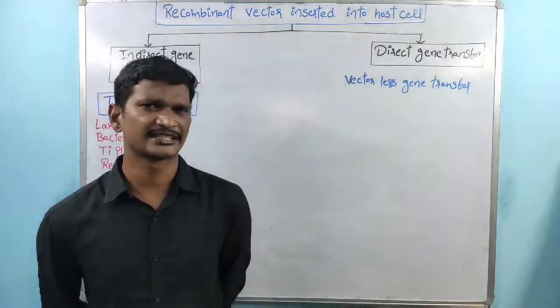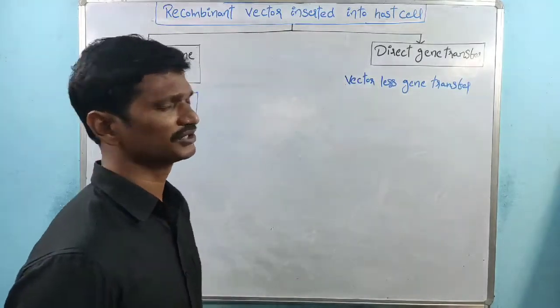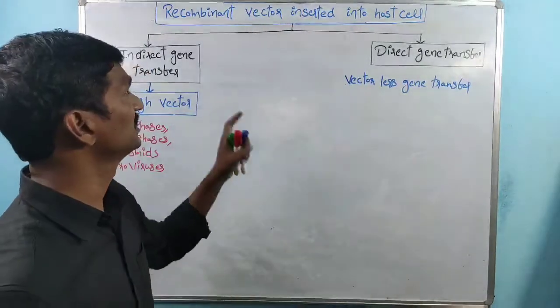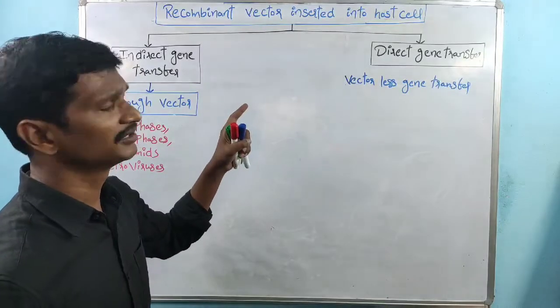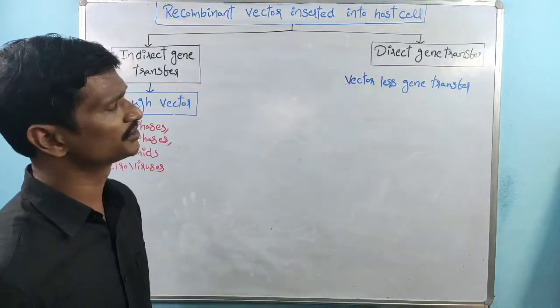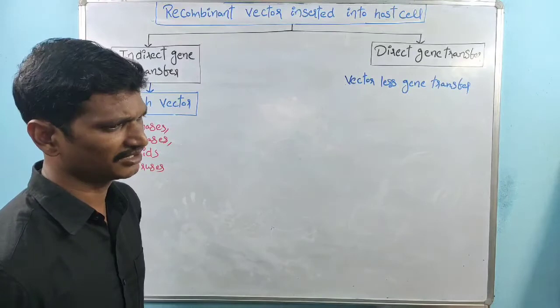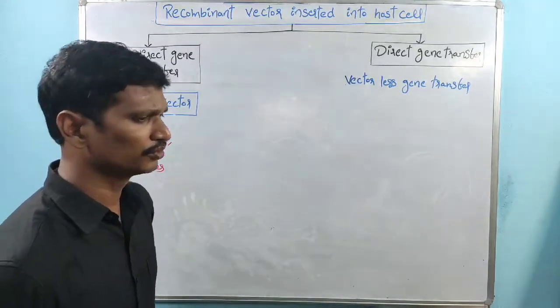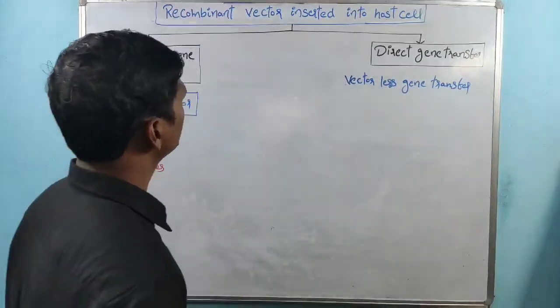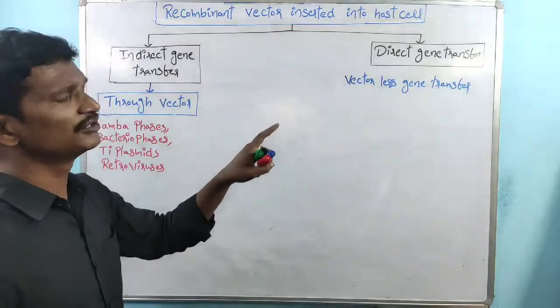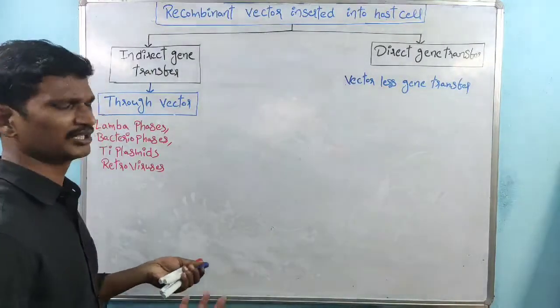So coming to the next step in the biotechnology process, the recombinant vector is inserted into the host cell. We can write: recombinant vectors inserted into host cells.